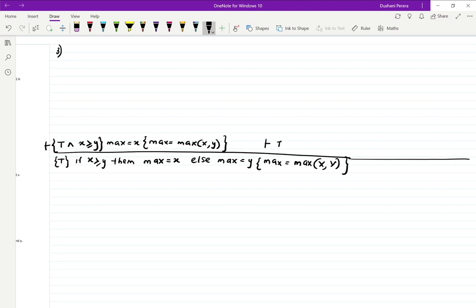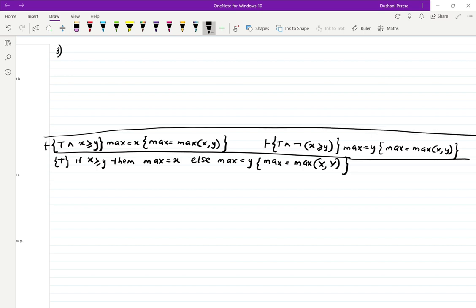Then we have P and the negation of the condition. S2 and Q. Okay. Next.